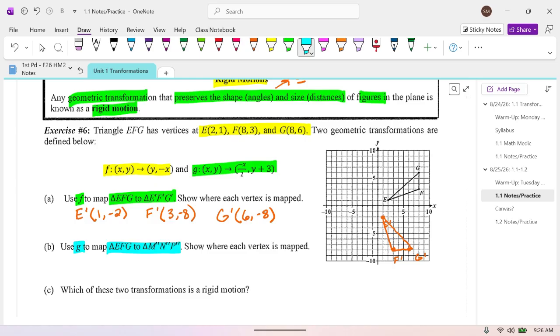All right, so tell me what I'm doing to the X and Y values. What am I doing to the X value? Right, so first I flip the sign of the X value and then divide it by 2. Someone else tell me what I'm doing to the Y. You're adding just 3 to it.